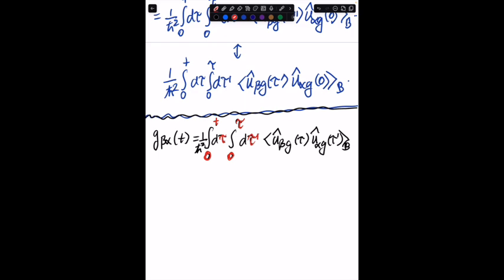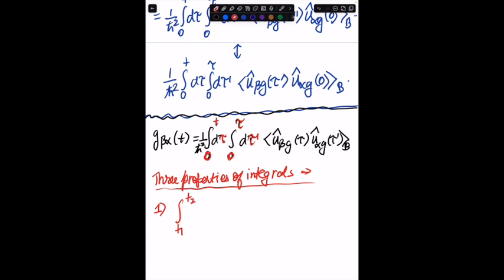So there are some properties which I would want to introduce right now. I think there are three properties of integrals, right? So the first property would be the integral from, let's say, t1 to t2.